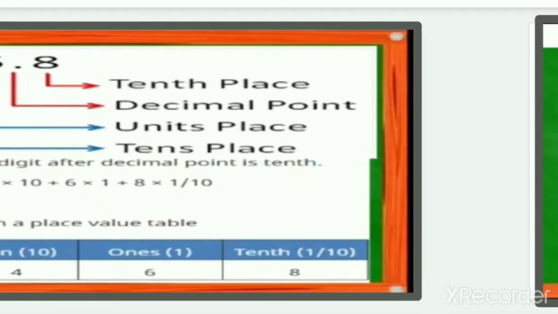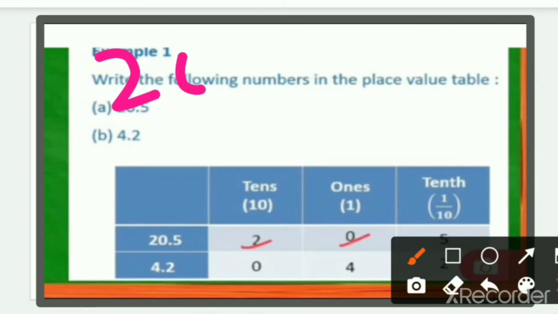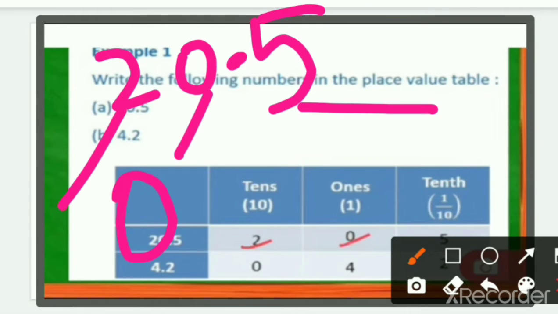Now we have the next part, that is the example. In the same way, write the following numbers in the place value table. We have 20.5. In front of the decimal point is the ones place, and in front of the ones place we have the tens place.